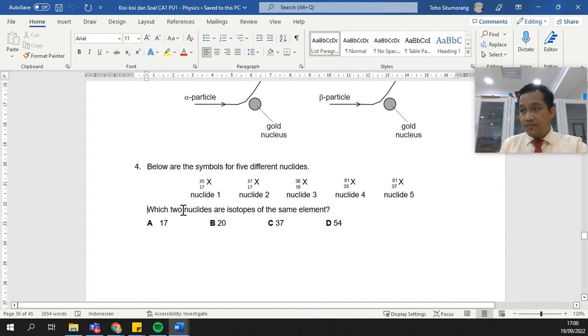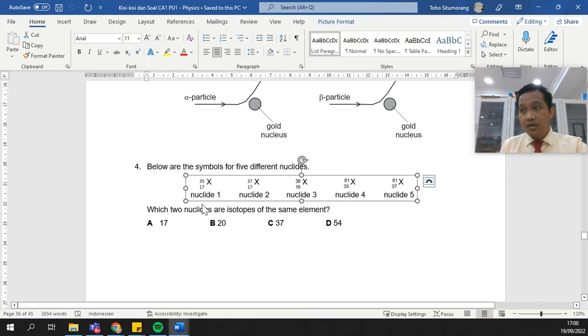In number 4, this is considered correct for everyone because nuclides that are isotopes of the same element have the same character, depending on how much proton they have. So if we see here, we need to find the element that has the same number of protons.